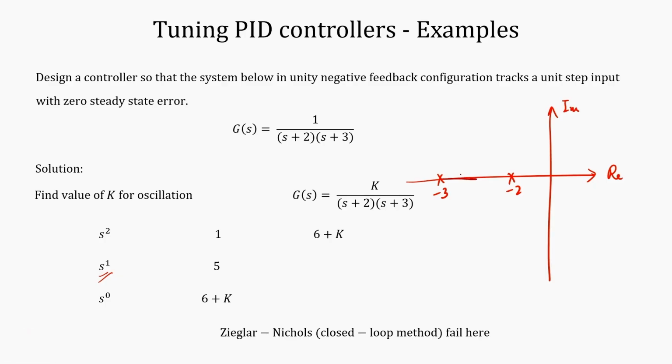The root locus will be something like this. You can see that this is never going to cut the imaginary axis. If it does not cut the imaginary axis, I will not be able to find out a value of k at which there will be sustained oscillations, which means that the closed loop method I cannot use. However, the good news is that if you take this system and find out the step response of this system, it will come out to be an S curve.